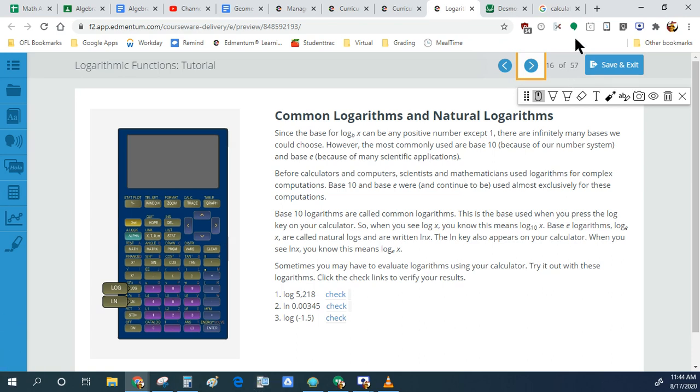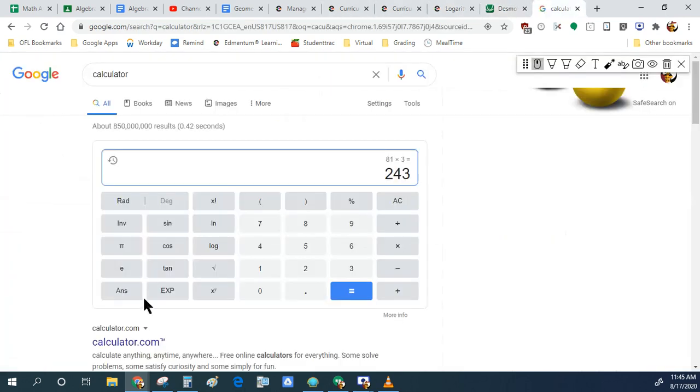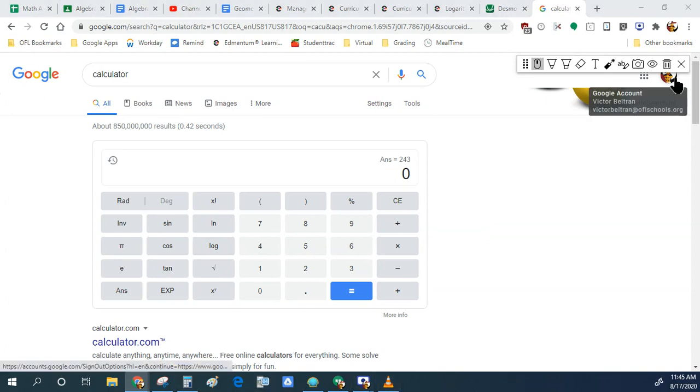So what they want us to do here is, when we're doing natural log, they just want that parentheses thing. ln is a, so I think this has ln. Does this have ln? Yep, this has ln. So for now, using the Google calculator is just fine. If you need help using the graphing calculator, let me know. I can always cover that during class. But for the most part, you can just use a Google calculator.